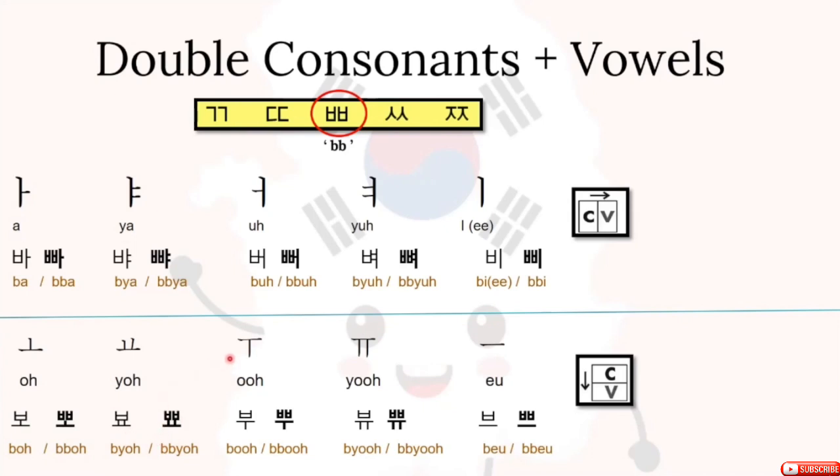Next one. B and u becomes bu. B and u becomes bu. Bu, bu, bu. Okay. Next one. B and u is bu. Double consonant. B and u is bu.